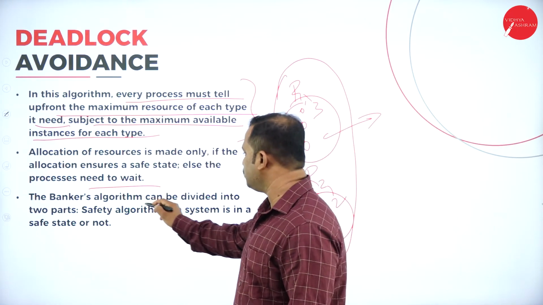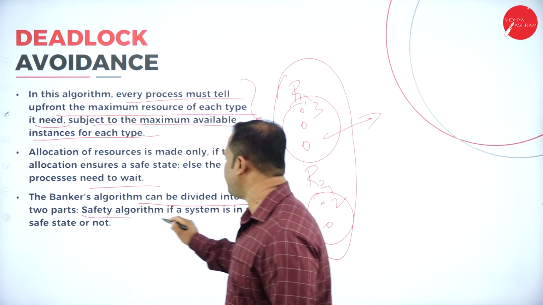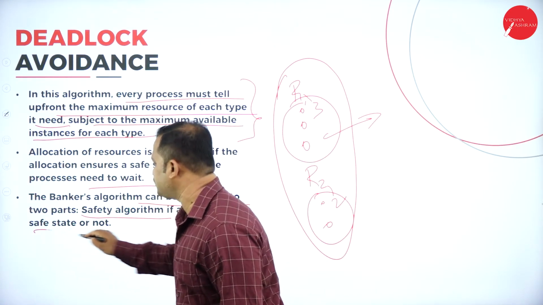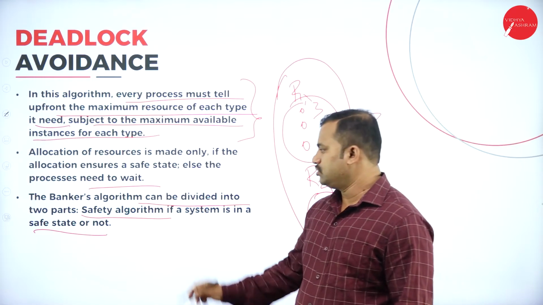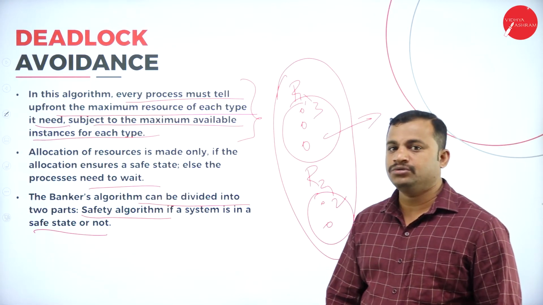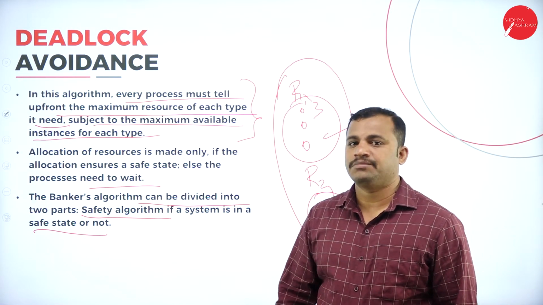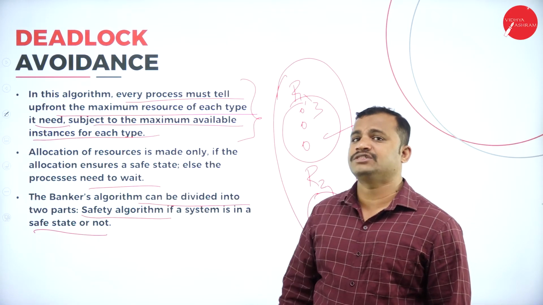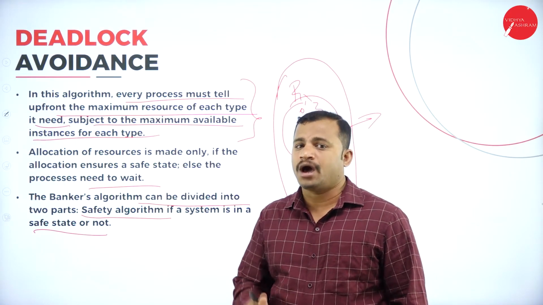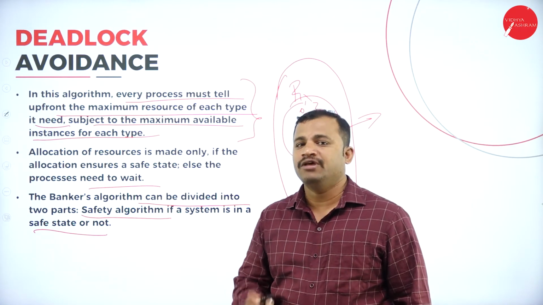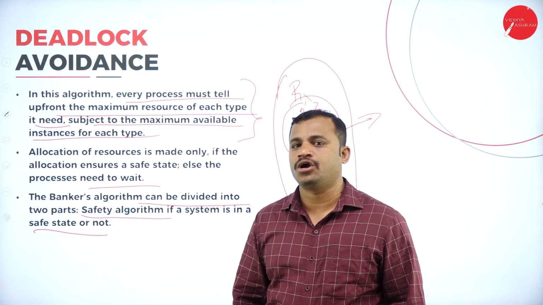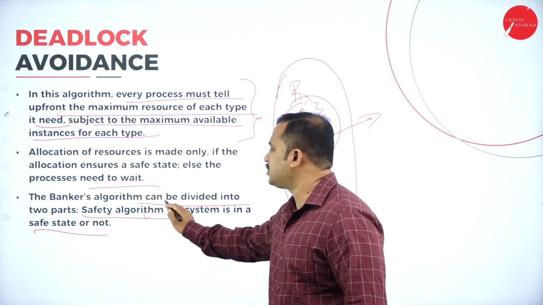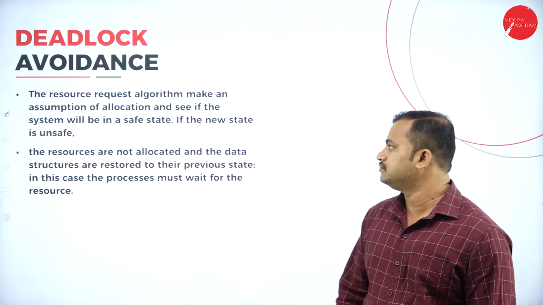Banker's algorithm can be divided into 2 parts. The safety algorithm checks whether the system is in a safe state or not. That means it derives the safe sequence of a system, and whether allocating a resource to the process will keep the system in a safe state is checked and verified by the safety algorithm.